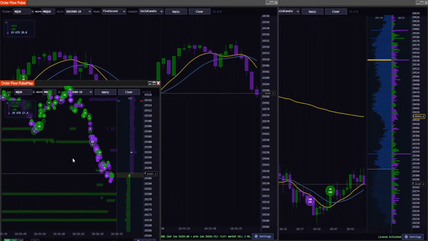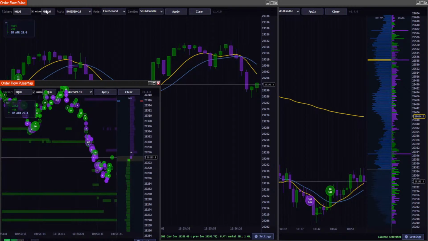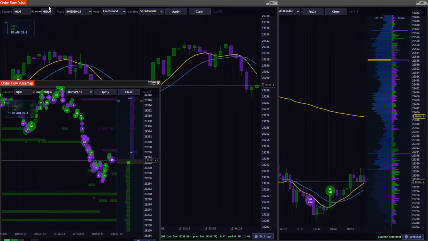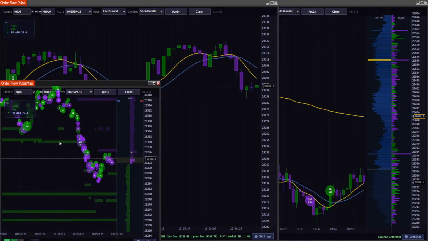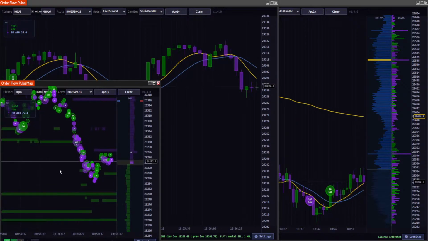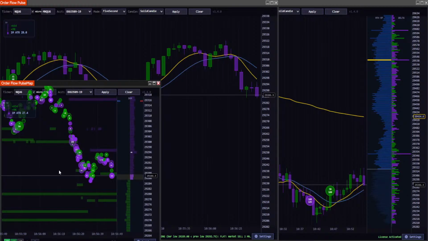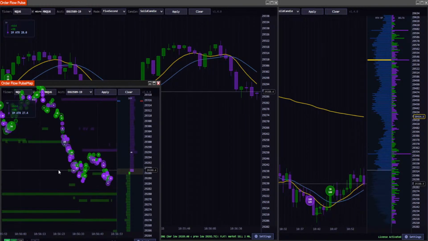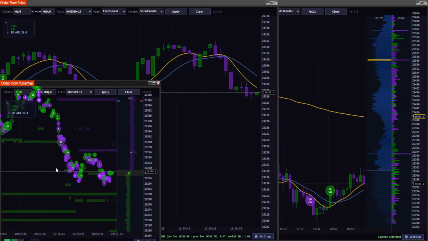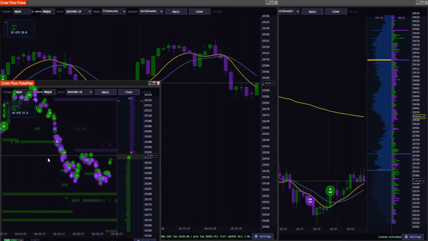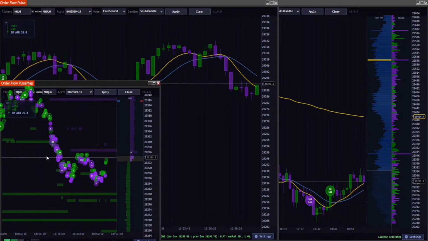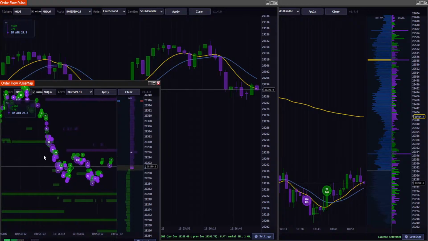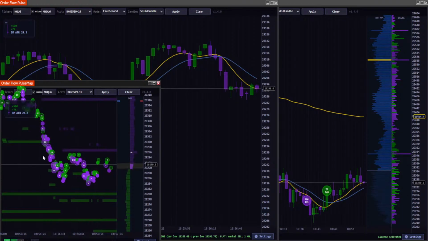I'll eventually get that auto filled in, but right now you have to manually put in the micro ticker, which is no big deal. It's just nice to have it auto filled in, because different exchanges don't always just put the M in there for micro. The majority of them do. CME does.